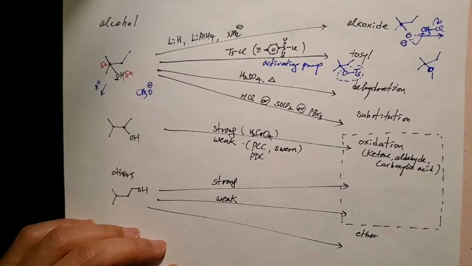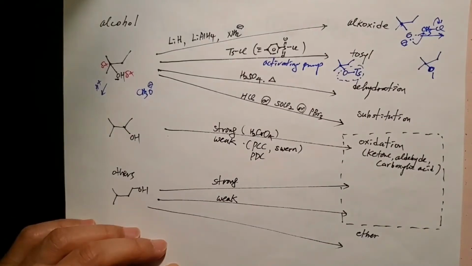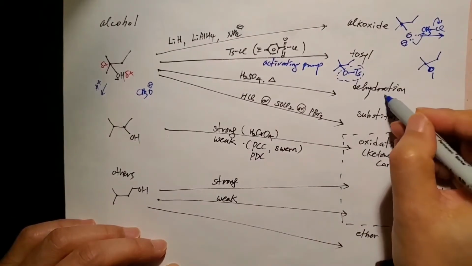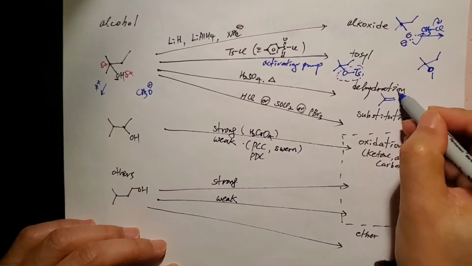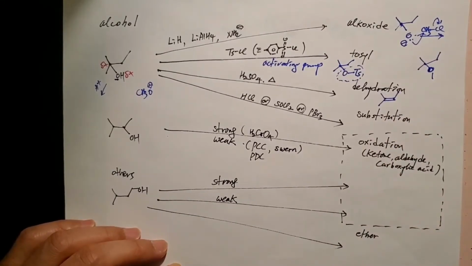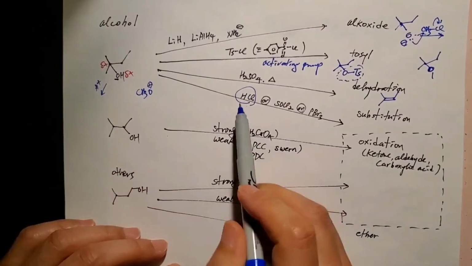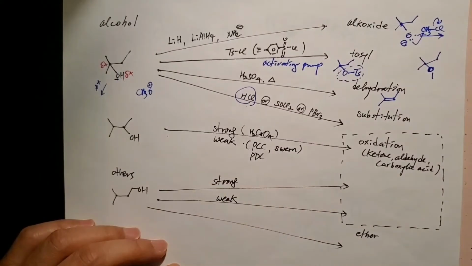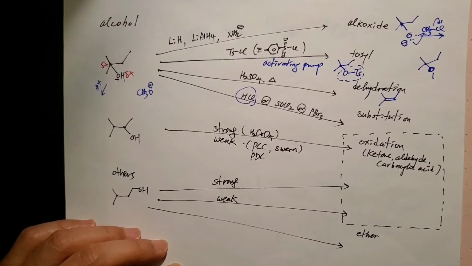Also, in earlier videos, several times we used this dehydration condition to make the double bond. So you get normally the more substituted stable alkene as your major product. Here HCl is the one that we mentioned, with the H plus making hydroxide a good leaving group in the water form.